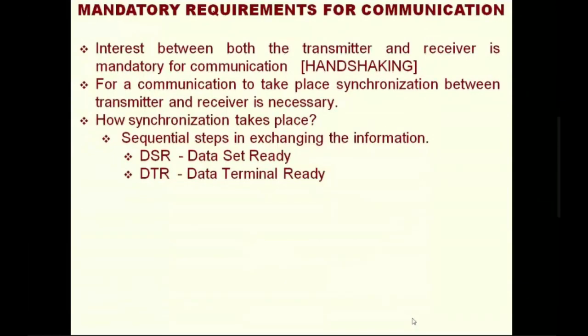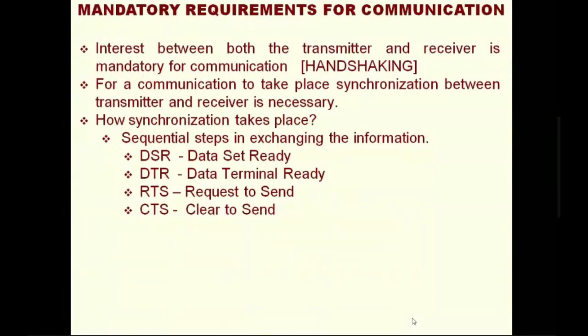The next synchronization signal is request to send, RTS. The PC requests the printer, can I send the data? After completing the printing job, the printer will say, okay, now my receive buffer is clear, you can send the data, through the clear to send signal, CTS.